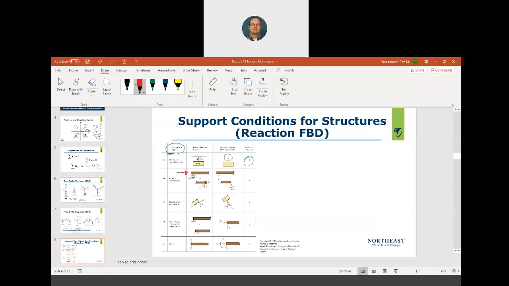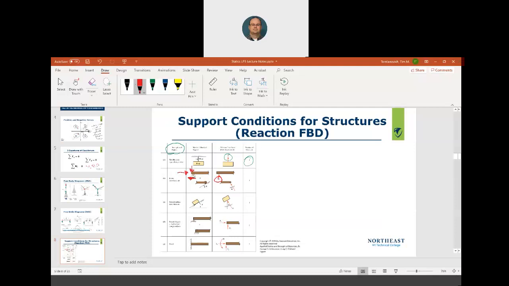The answer is no. It can freely move, so there's no resistance, right? However, if I push down, you see we get this reaction right there. So that is the wall or something pushing back to keep it still, but it's free to move horizontally.